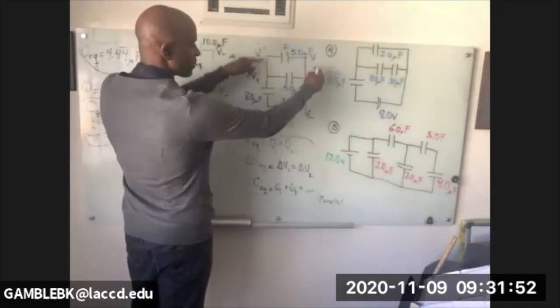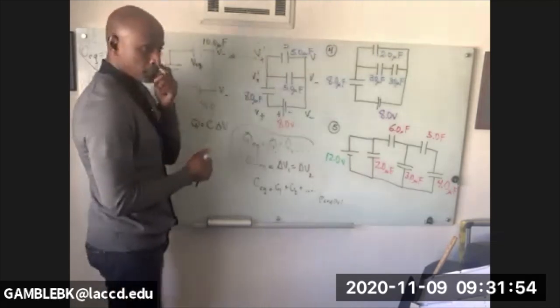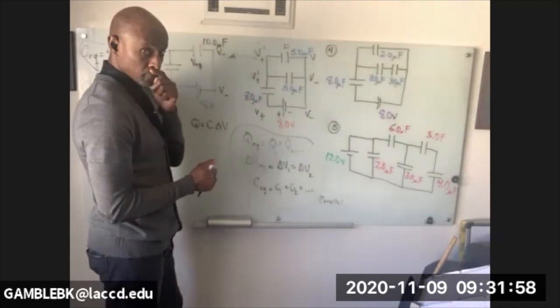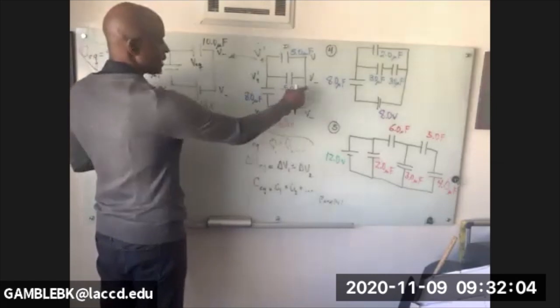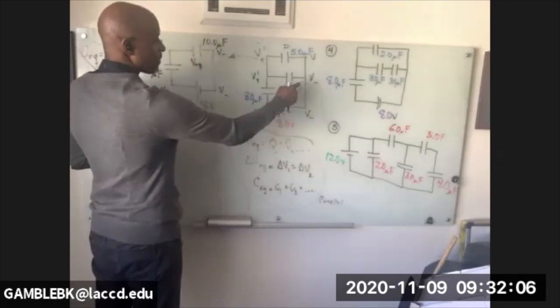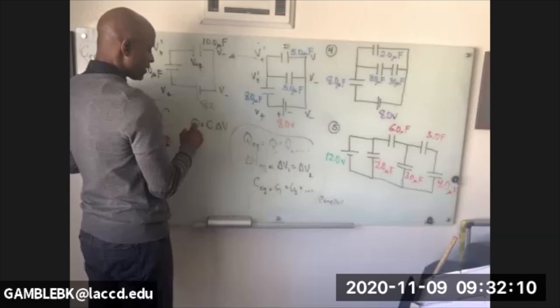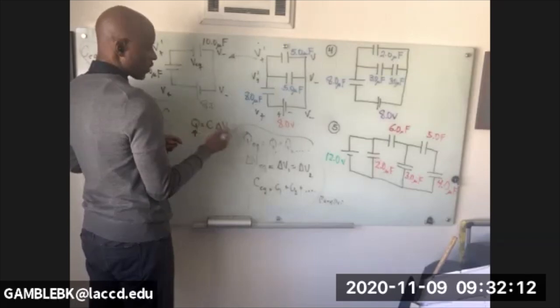Do you see that the voltage across each of these capacitors has to be the same voltage? Yes, I see that. Okay. So whatever that voltage is, when I multiply that voltage times 5, I'm going to get some value of charge.